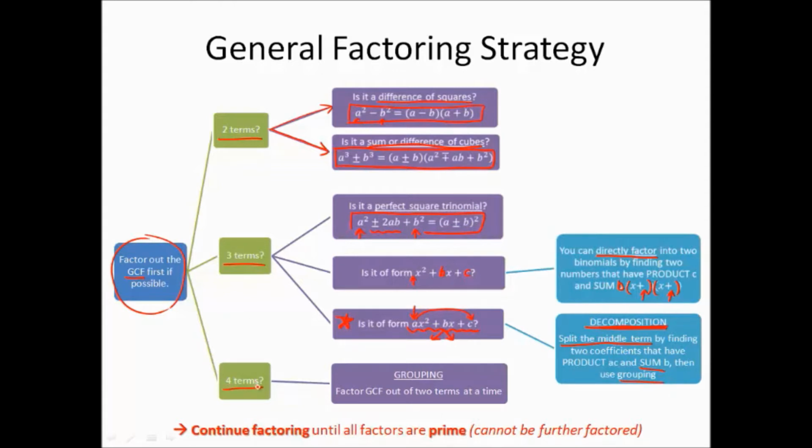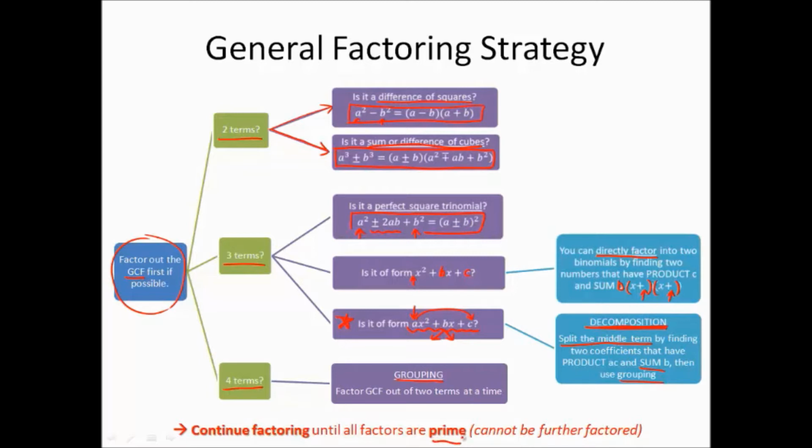If you have 4 terms right off the bat, you can just go ahead and try the grouping technique, which was taking the first 2 terms and taking out the greatest common factor, and then making sure that same bracket is left when taking out a common factor out of the second 2. If none of these strategies work, and you're not able to break down your polynomial, then the polynomial is called prime.